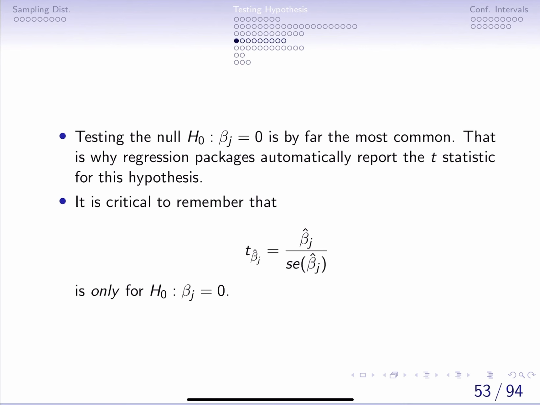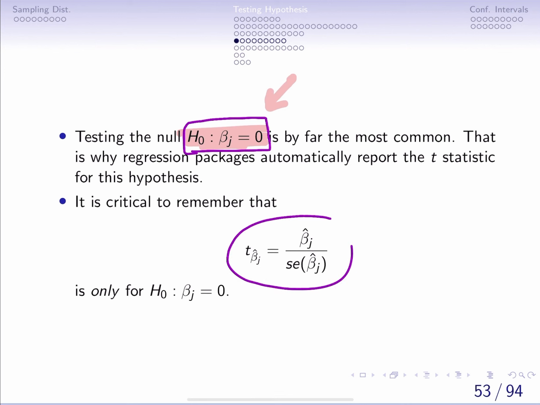Okay, so just as a review, most of the times in R, when you estimate a multiple linear regression, R is going to report t statistics and significance levels for this type of a null hypothesis, okay, when beta j is equal to 0, and the critical value and the t statistic that is reported, remember, is for this null hypothesis, okay?